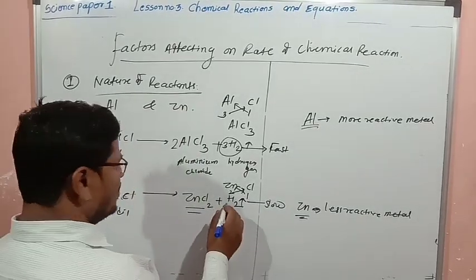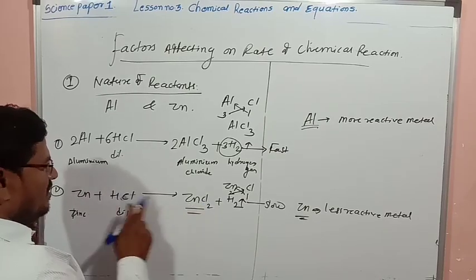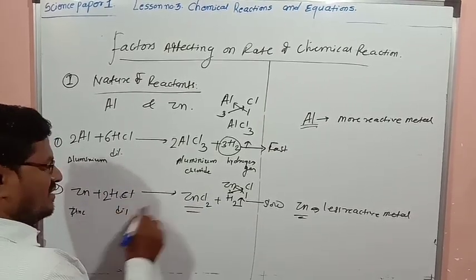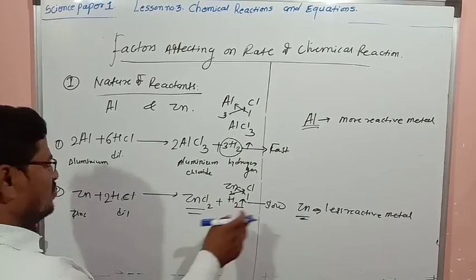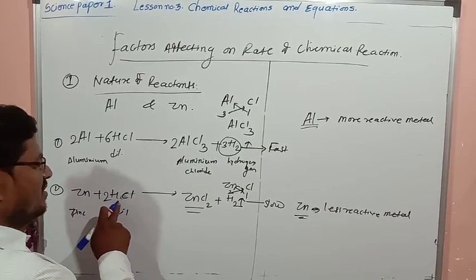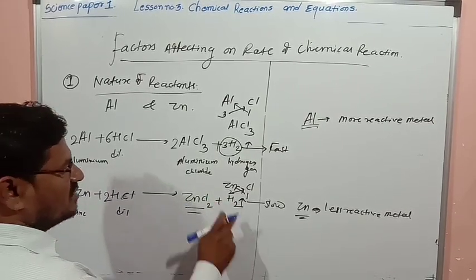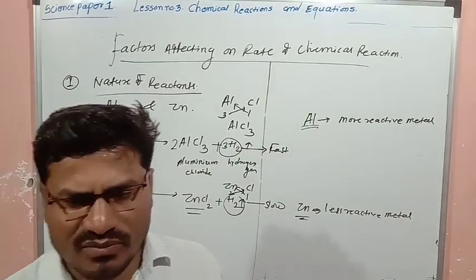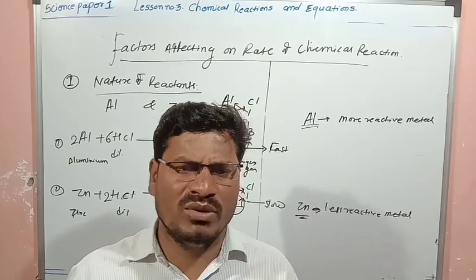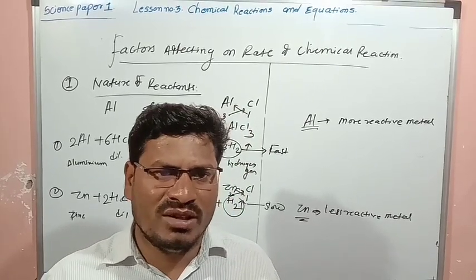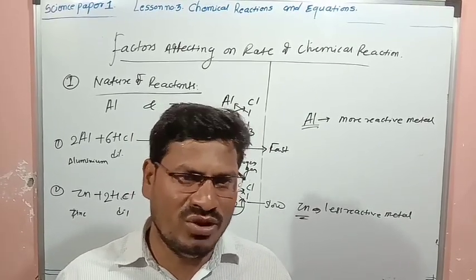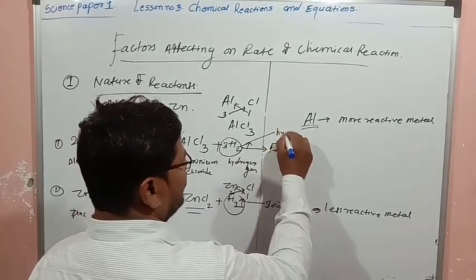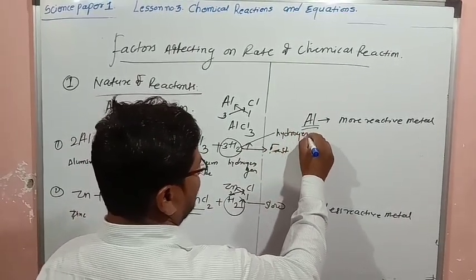And here the zinc reaction is not balanced. Cl is 2 here and 1 there, so twice HCl. So Zn plus twice HCl gives ZnCl2 plus H2 gas. In both chemical reactions, one important thing you can tell: when metals react with dilute acids, they liberate hydrogen gas.